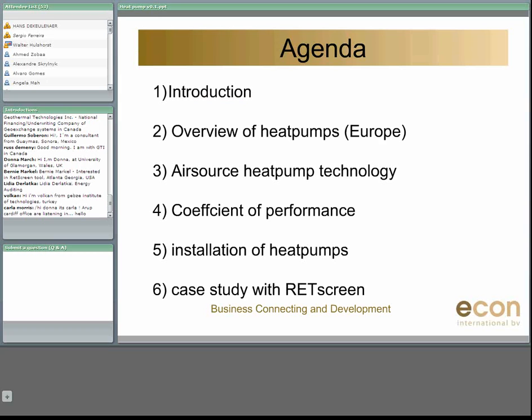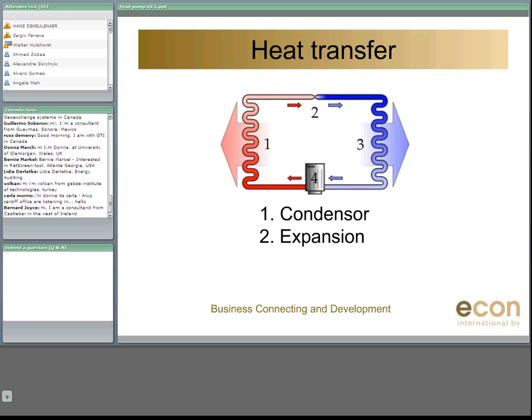We also have an expansion. If you have a heat transfer and you want to have it at a lower temperature, you need to expand the gas. On this side we will have a coil which is the evaporator coil, and next to that we also have a compressor, which is located at number 4.